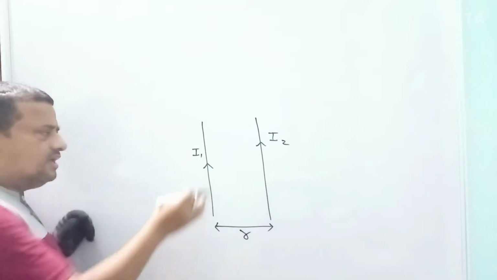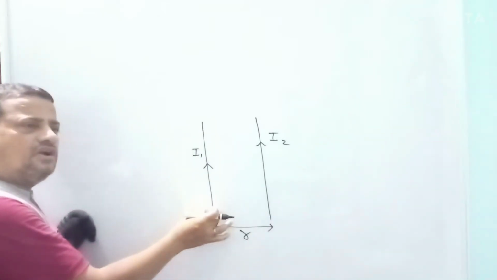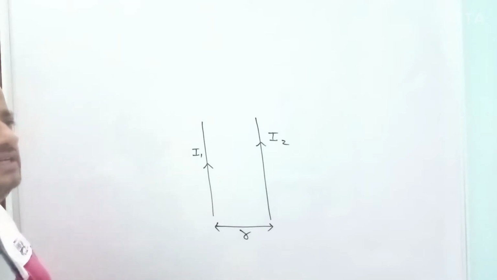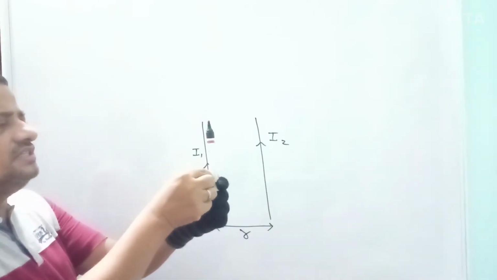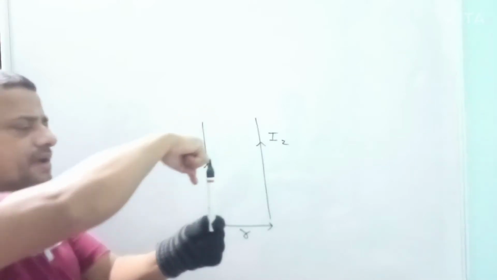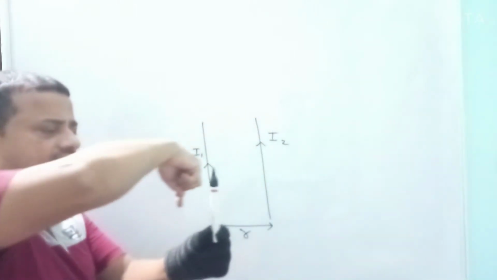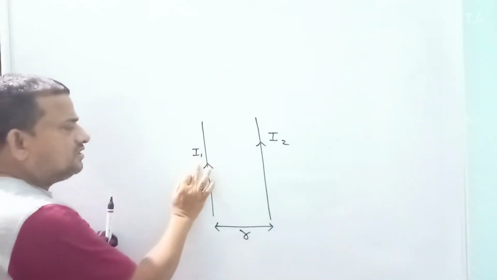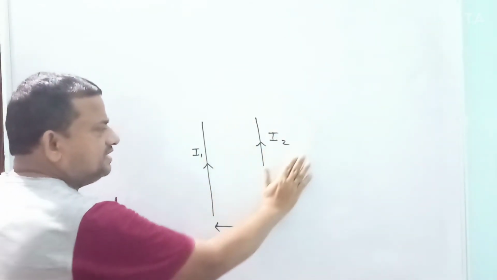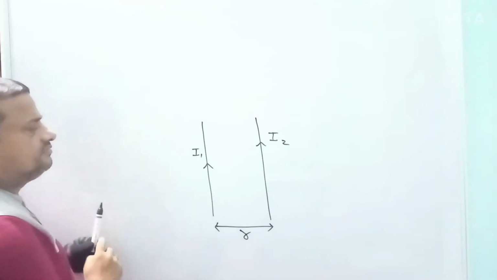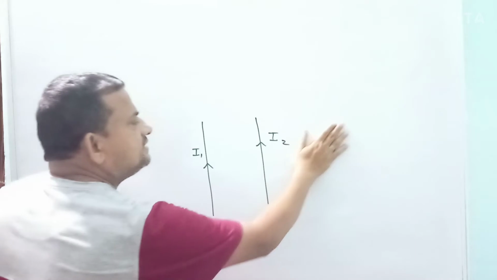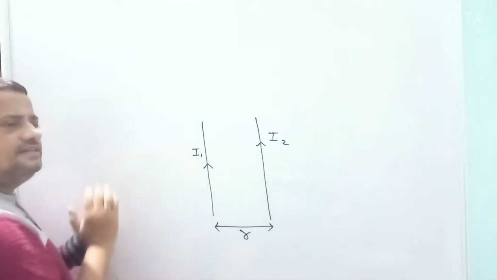You know, a current carrying conductor produces a magnetic field around it. Suppose I consider this a current carrying conductor, a magnetic field is produced around it. So for this conductor, the magnetic field is here and also here. Similarly, for that conductor, the magnetic field is here and on that side.